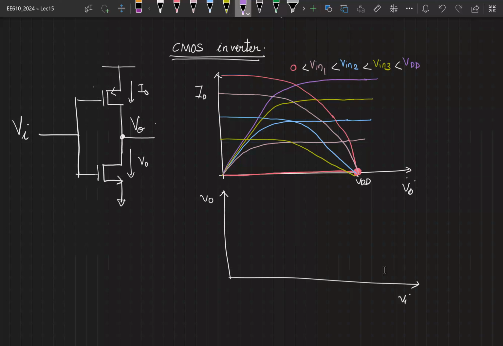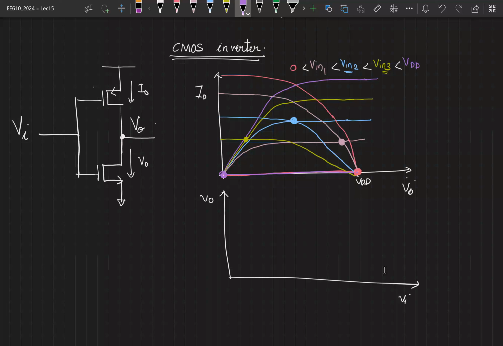And finally, for VDD, this is flat. Right? So now for each value of Vin, I have to find out where the currents are intersecting. So for Vin equal to 0, we said they are intersecting here. Vin equal to Vin1, they are intersecting here. Vin equal to Vin2, the intersection is happening here. Vin3, intersection is here. And finally, for VDD, the intersection is here.